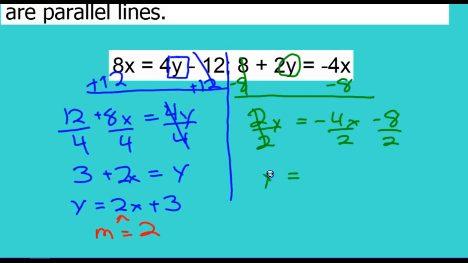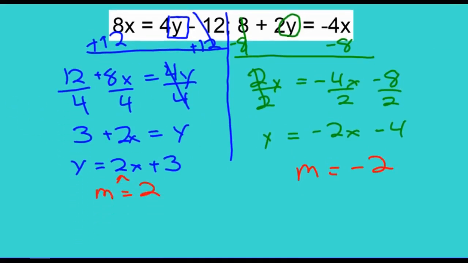And y equals negative 2x minus 4. Our slope for this one is m equals negative 2. Now they're very close, m equals 2 and m equals negative 2, but they're not parallel because they don't have the same slope.